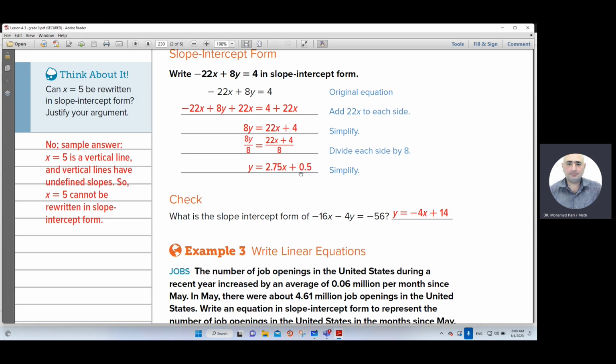What is the meaning of b? Y-intercept. What is the meaning of y-intercept? The intersecting point between the linear function and the y-axis.